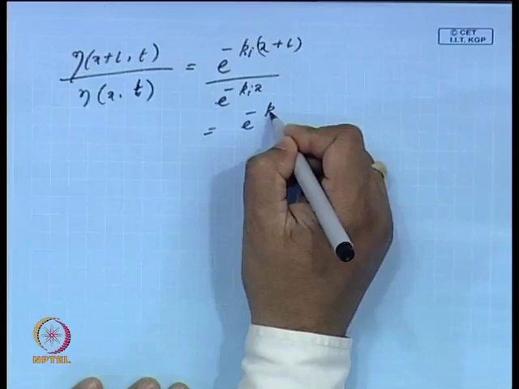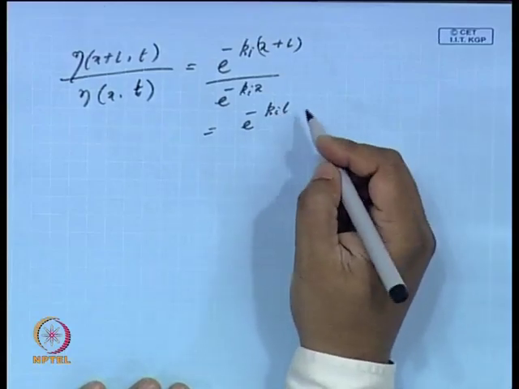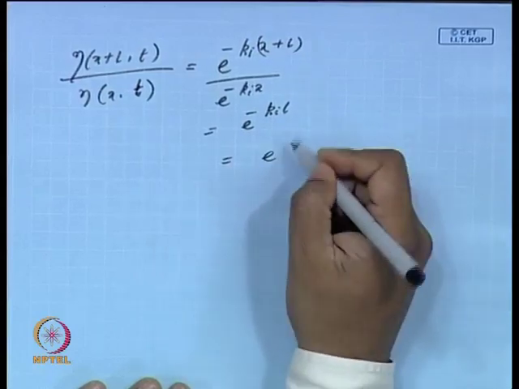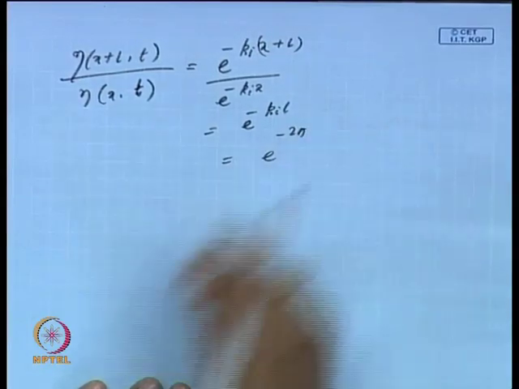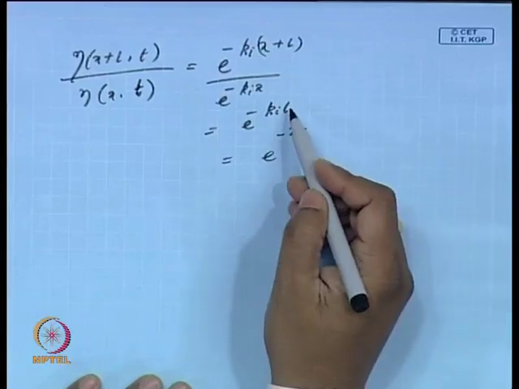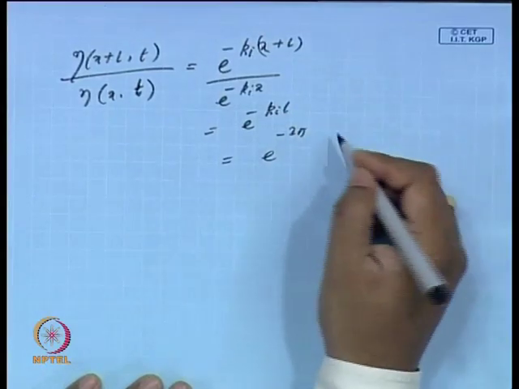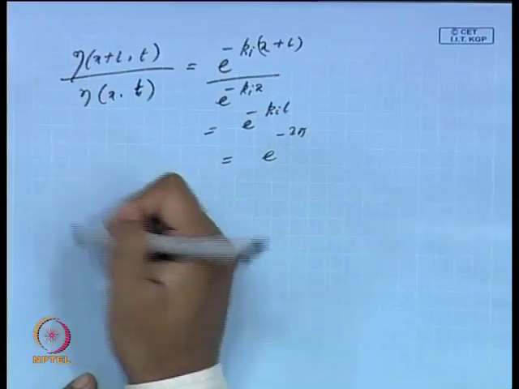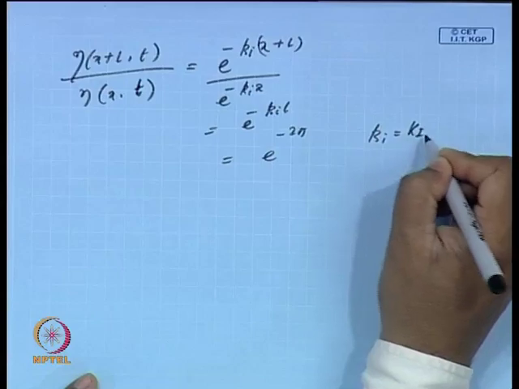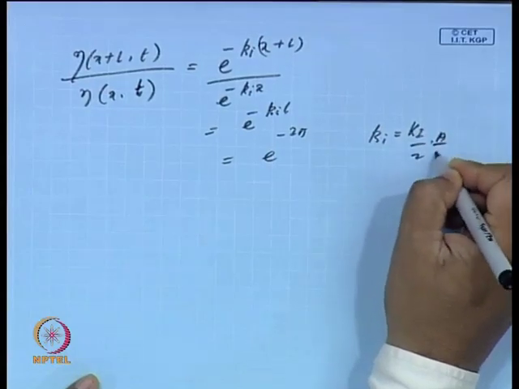minus k_i L, and L is 2 pi by... So, that again will give me e to the power minus 2 pi into k_i by k_r. Okay, so again small k_i is given, I have already given my k_i is capital K_I by 2 into a by omega.